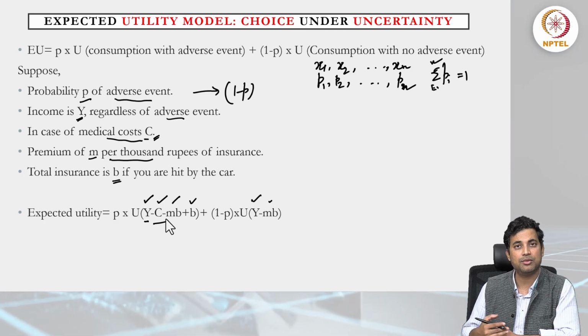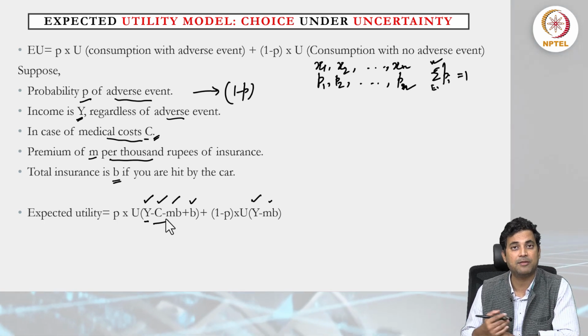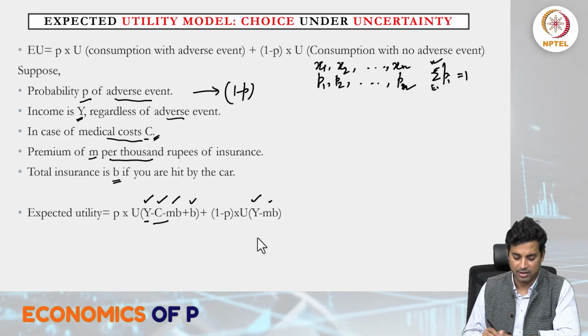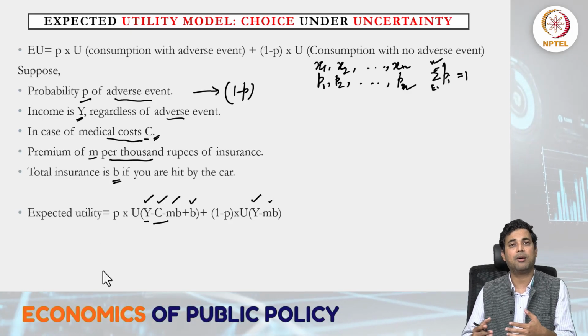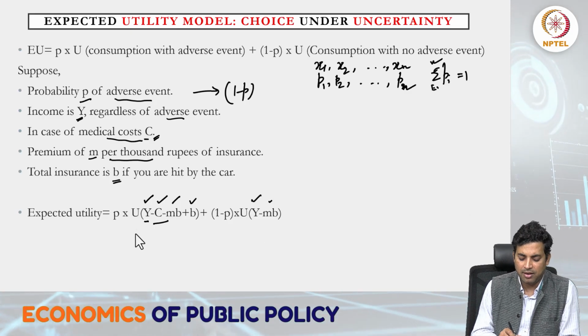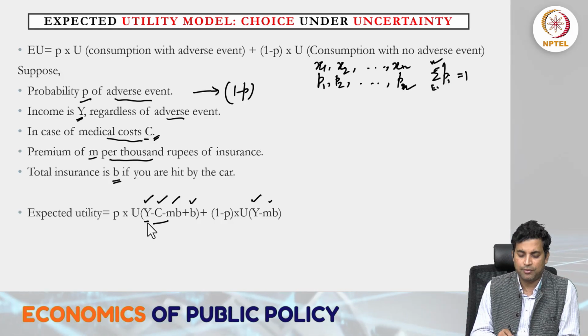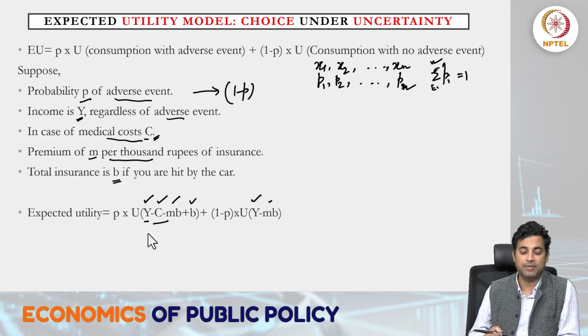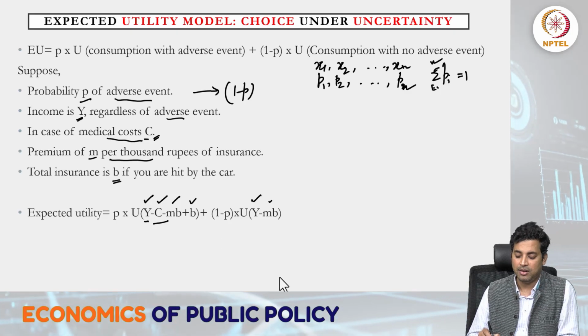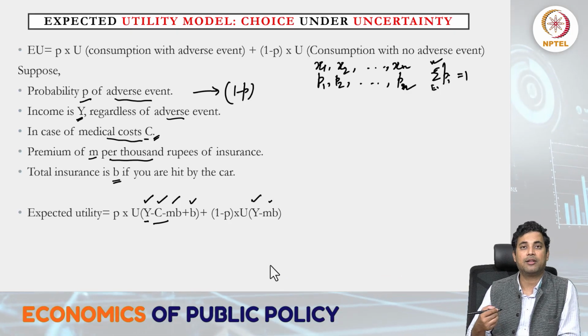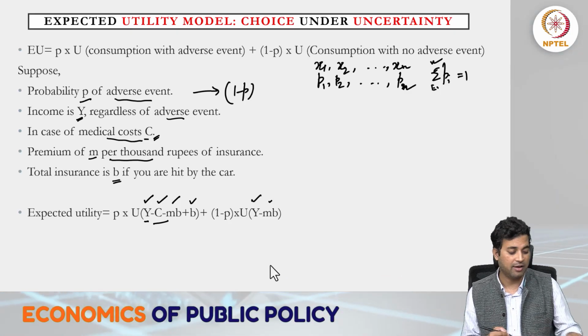Then we calculate the expected utility for that event. When we combine these two, it's P multiplied by the expected utility of the adverse event, plus 1 minus P multiplied by the expected utility with no adverse event.